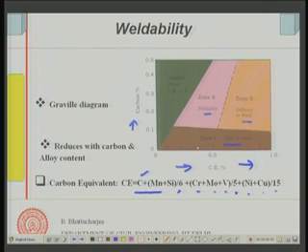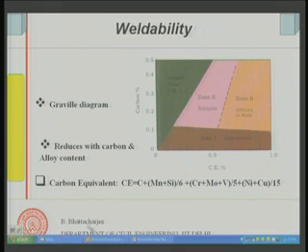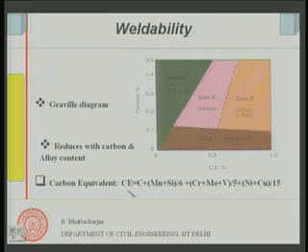As my carbon equivalent increases, for a given carbon content, it becomes difficult to weld. So, weldability reduces with carbon and alloy content. This is the weldability of plain carbon steel.